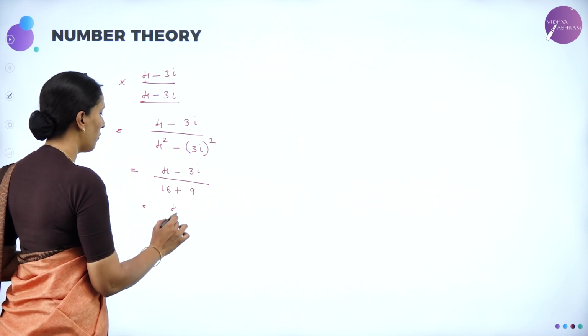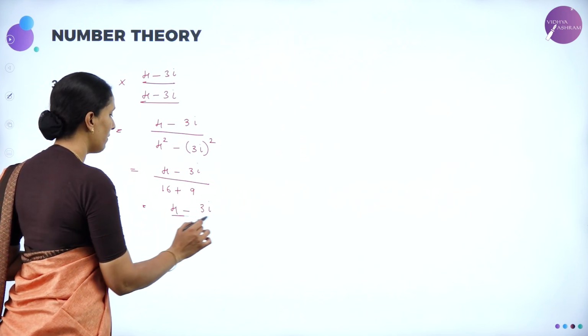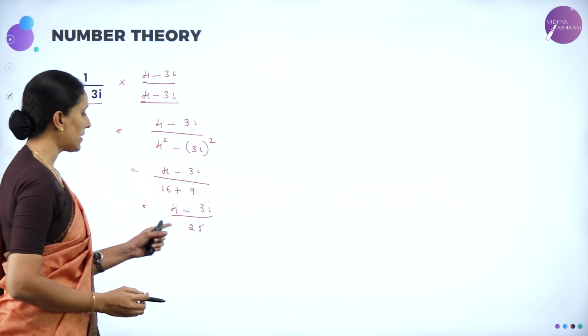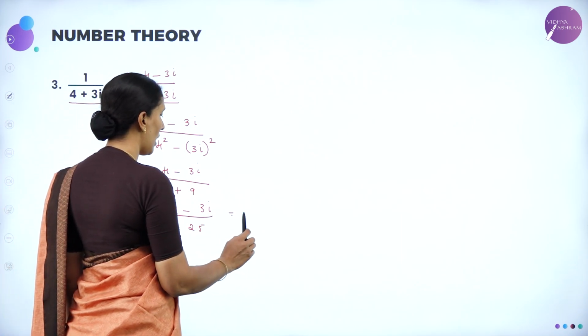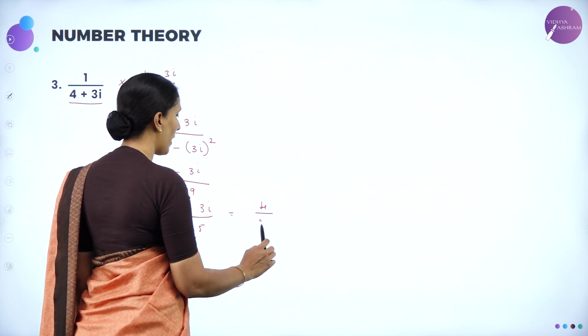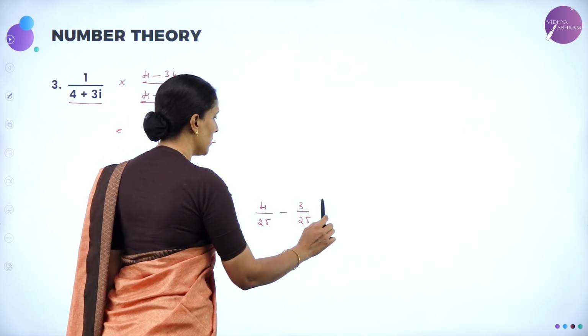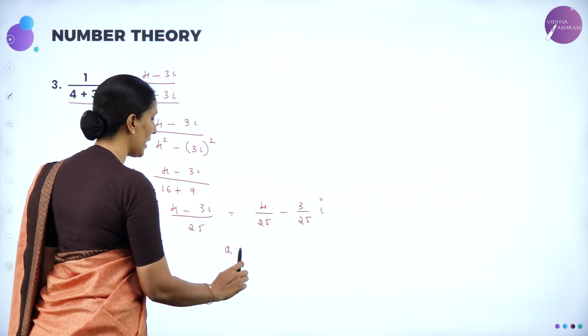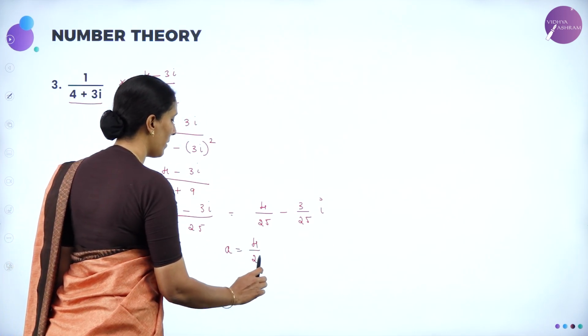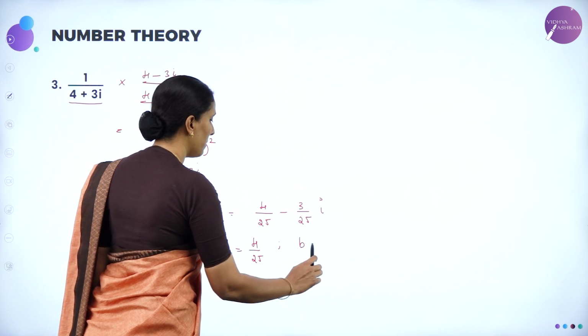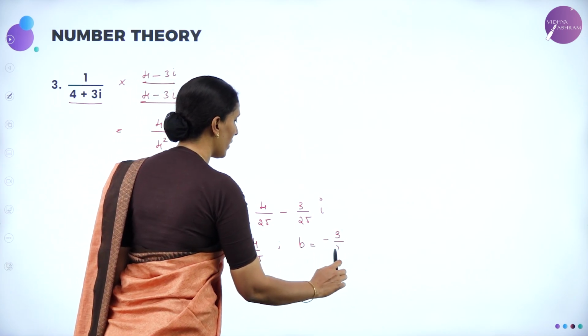So this is 4 minus 3i divided by 25. Now separate the denominators along with the numerators. So 4 by 25 minus 3 by 25 i. So here the real part a is 4 by 25 and the imaginary part b is minus 3 by 25.